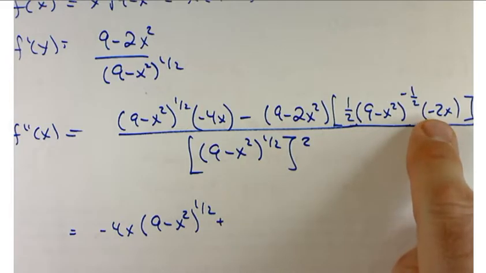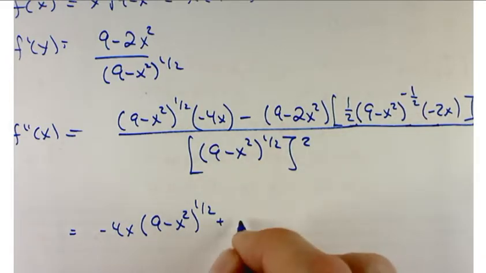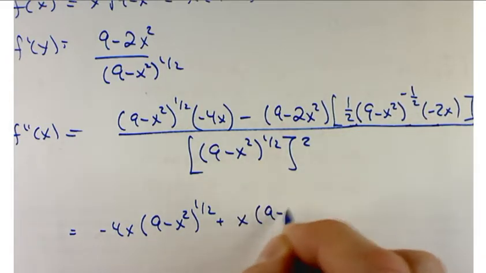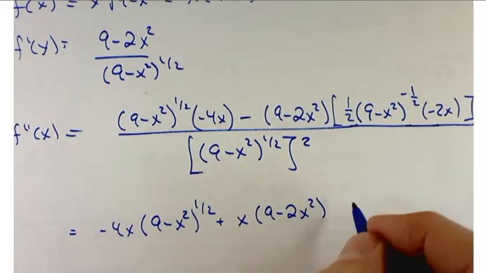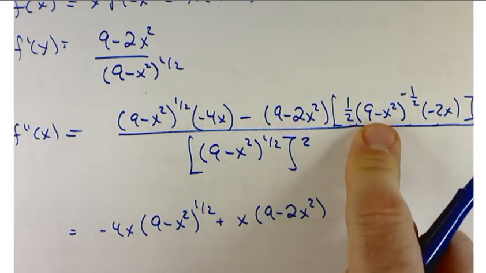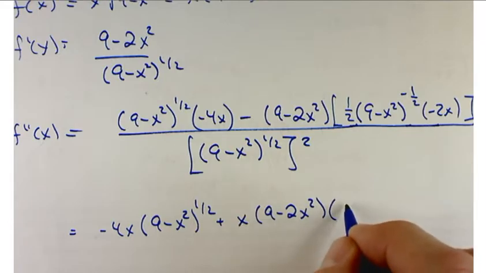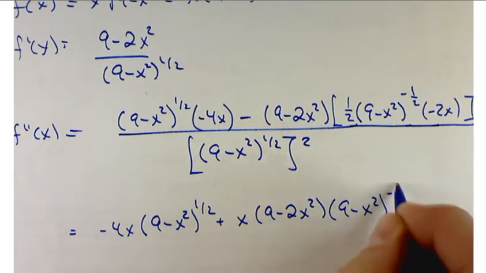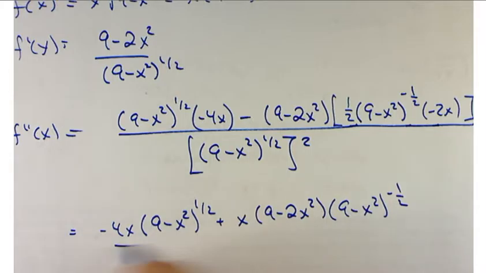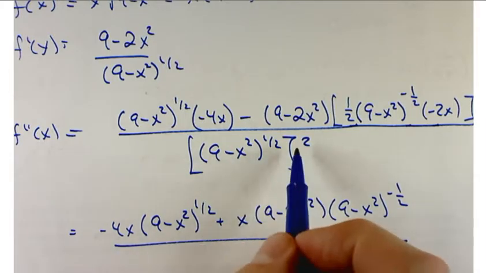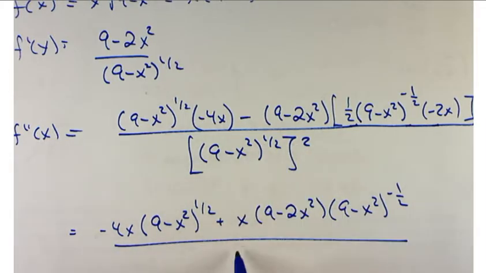So I'll get an x times 9 minus 2x squared, and then just a 9 minus x squared to the negative 1/2. In the denominator, the 1/2 and the 2 cancel each other out, so I'll have 9 minus x squared.